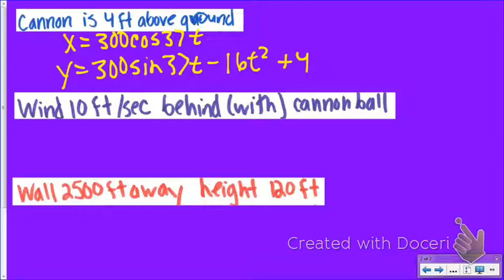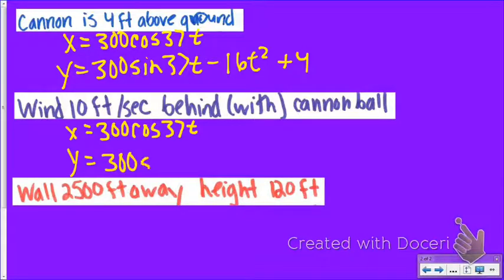Alright, let's say I have this next part. It says there's a wind 10 feet a second behind the cannonball, so going with the cannonball. That wind is not going to change the y component, it's only going to change the x component. So I can keep my original equation, but now I'm just going to incorporate that wind that's going to change the x.